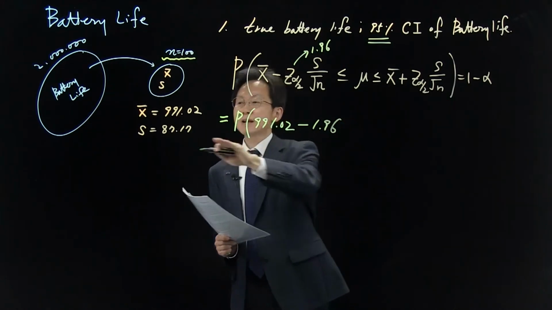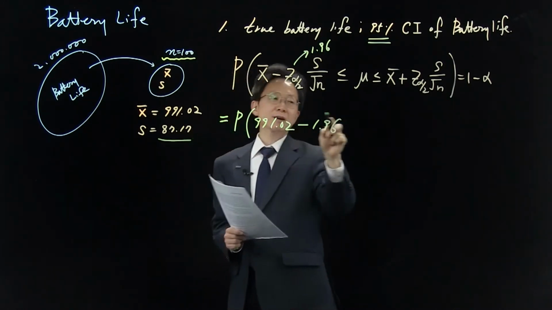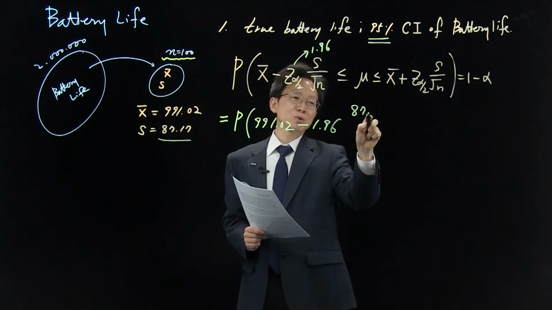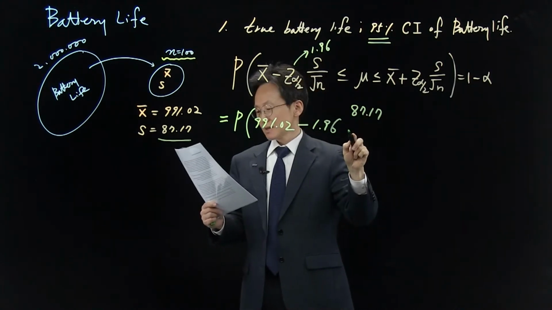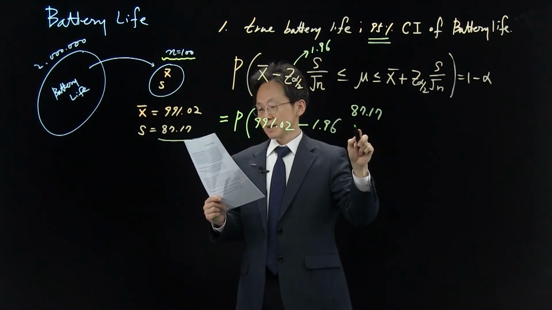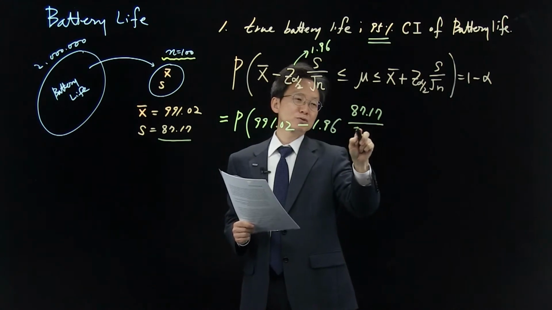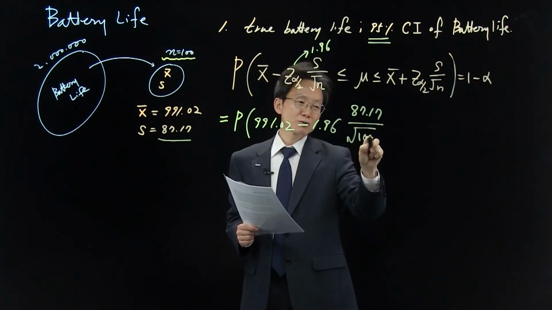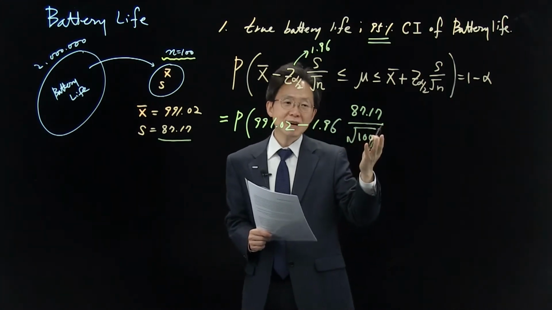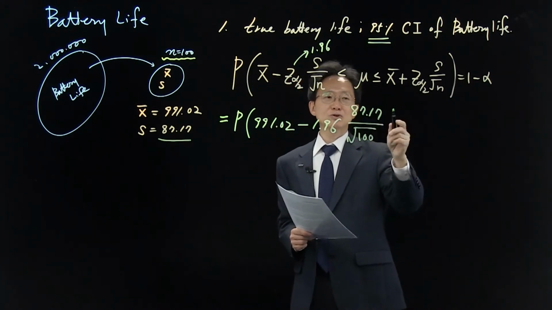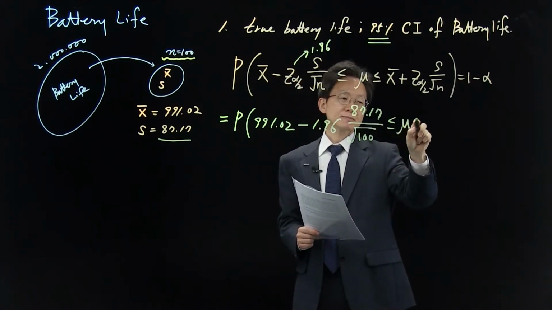And then s we already have here, that's 87.17, over the square root of 100, which is obviously 10, but I want to use the full values.